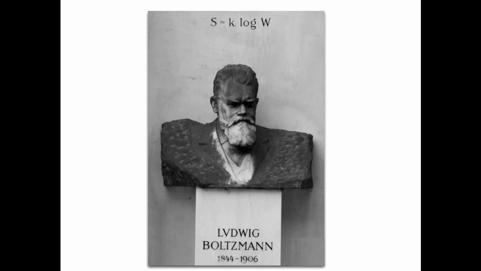Now, this is way beyond the scope of this class, but it's worth noting that one can calculate entropy values. So S is equal to k log W, where W corresponds to the number of microstates and k is the Boltzmann constant. And this is in fact the famous equation that is on the grave of Ludwig Boltzmann, who was instrumental in determining how this sort of thing works.